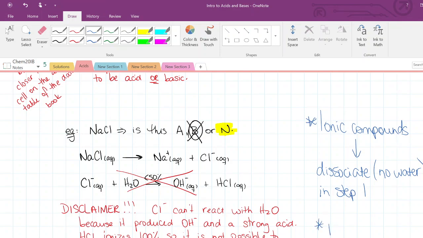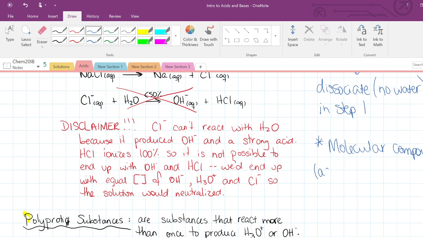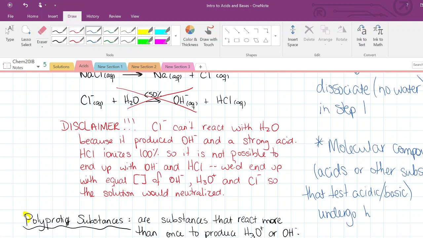The other thing is molecular compounds, for example, acids or other substances that test acidic or basic, undergo hydrolysis in step 1.